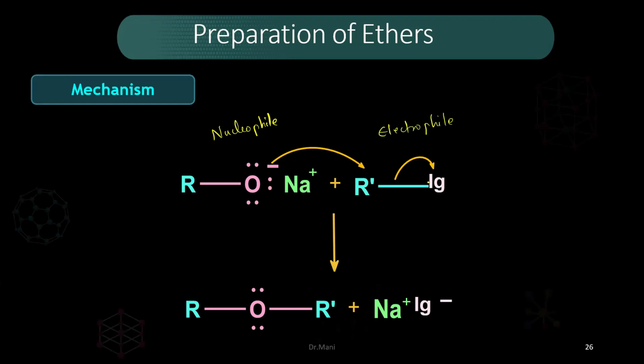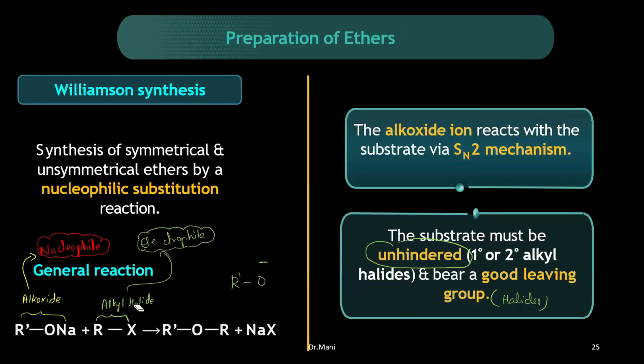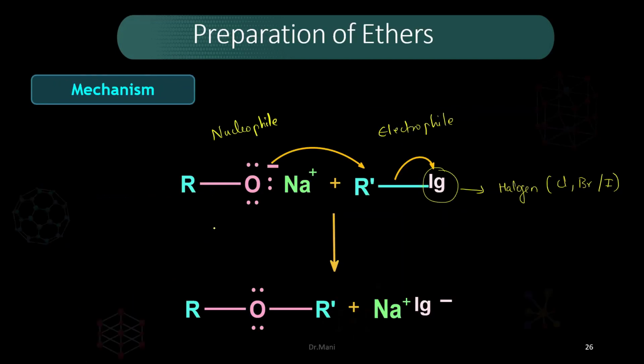The halogens, which could be chlorine, bromine, or iodine. Whatever the alkyl halide, it's an electrophile, and the alkoxide is a nucleophile. The bond breaks between the oxygen and sodium, and the oxygen turns negative, so we call this a nucleophile. After the halogen leaves, the carbon turns positive, so it is called an electrophile.